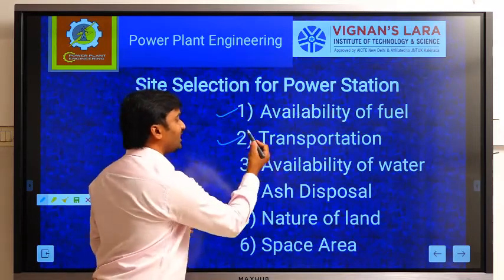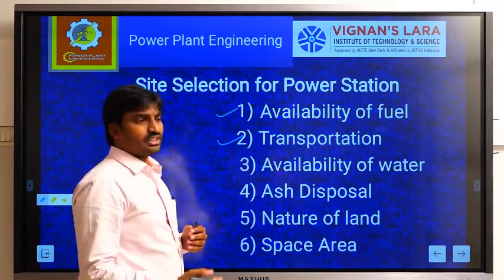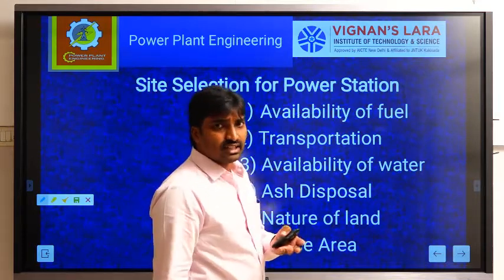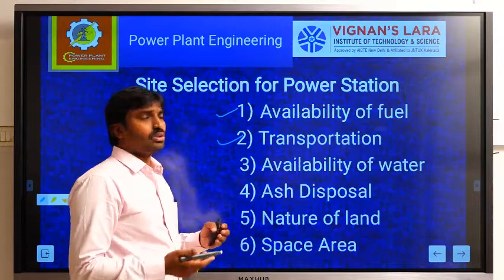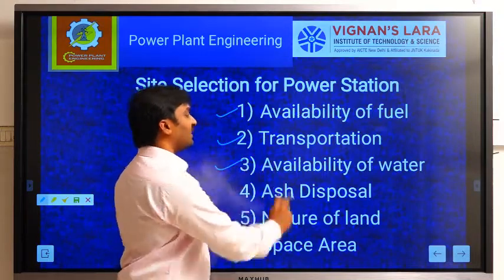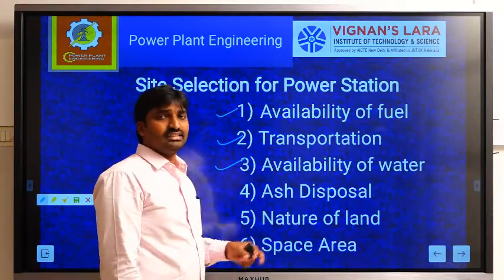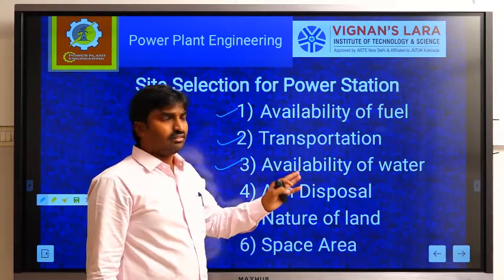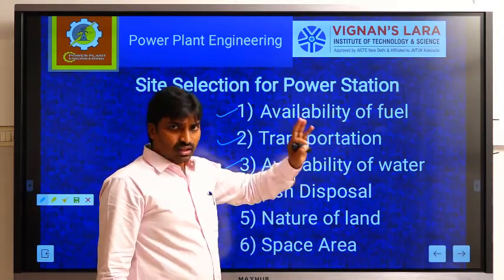Next, we need transportation facilities. If the transportation facility is very easy, automatically it reduces the effort for the transportation system. Next is the availability of water. The entire thing depends upon water, because we need a large amount of water for producing the electrical power.